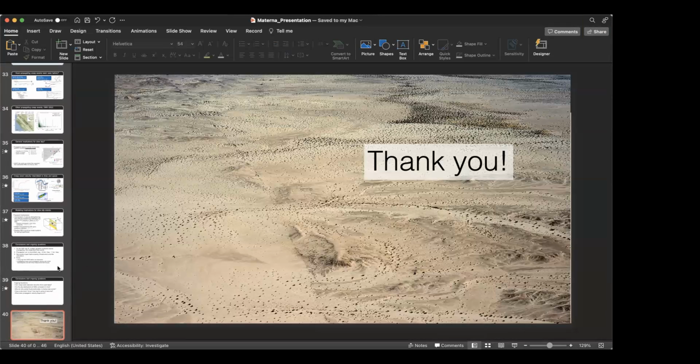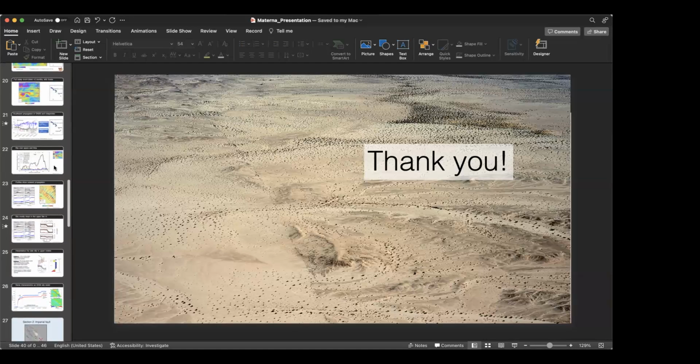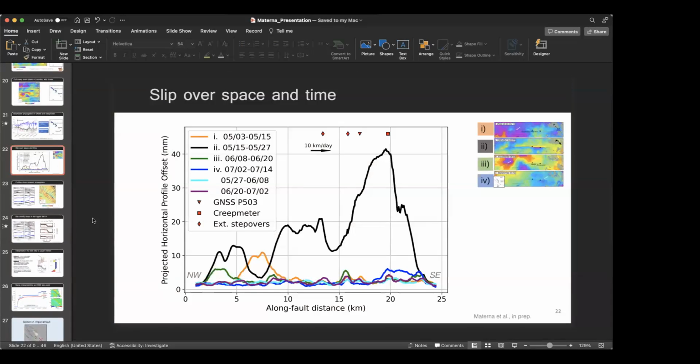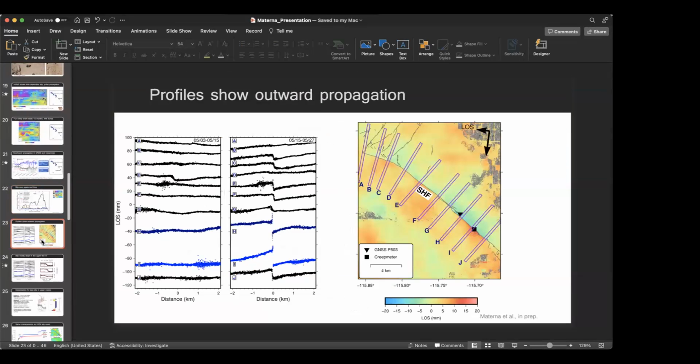Hello. Well, thanks for a very nice talk, Catherine. It's really cool to see how everything's come together. I was curious, if I remember correctly, P503 is located right where slip becomes much more localized at the surface, where we start to see actual clear surface breakage in the InSAR data.